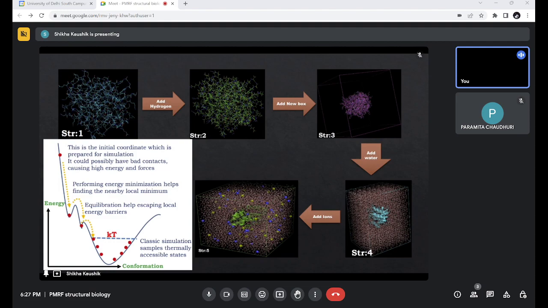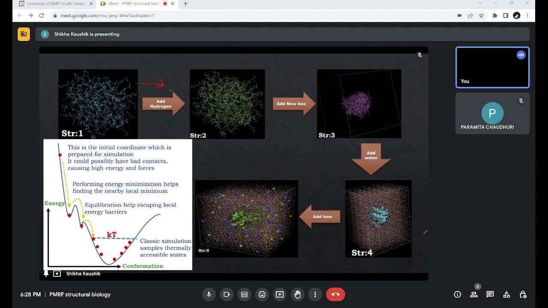So if I give you a summary of what we have done so far: first, we are trying to build and simulate a system. We need to understand the realistic system, and for that we have to convert our actual PDB file to a clean PDB file. Once we have the clean PDB file, we add hydrogens and try to reach the actual state of this protein in a real system.